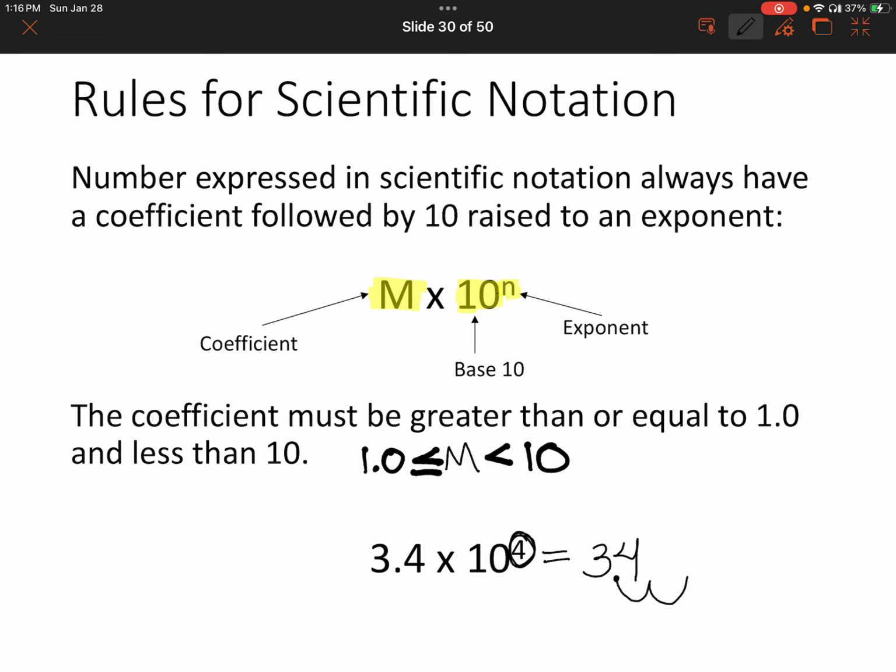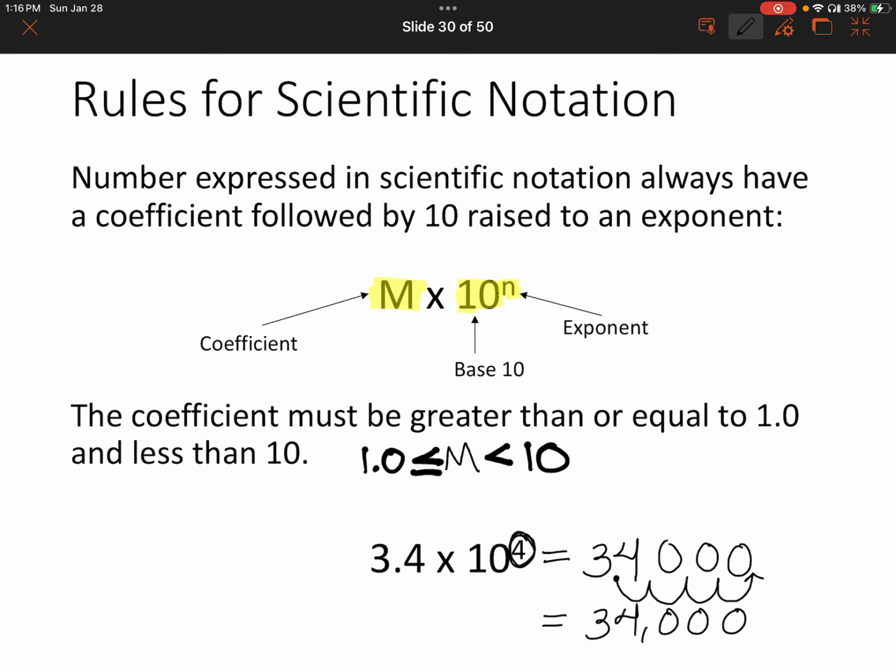So 1, 2, 3, 4, and then I fill those blank spaces with zeros. So what this value actually is, we have 34,000. But sometimes it's a bit difficult to write those larger numbers, so scientific notation is one way to simplify the number. So instead of writing out 34,000, we can write it as 3.4 times 10 to the fourth.